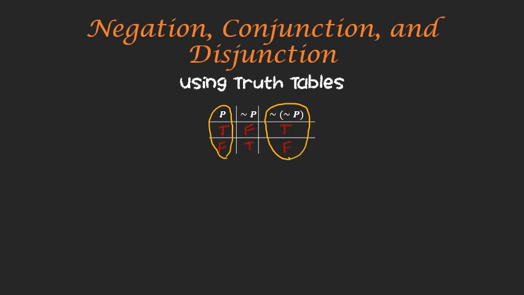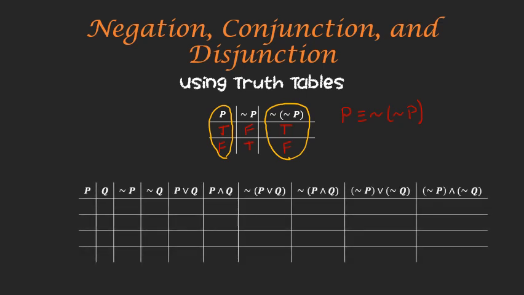So we'll say here, P is equivalent to not not P. Those two statements are equivalent. And this is just known as double negation. You can think of this like multiplying by a negative twice: multiply by a negative twice, you get back to the original number. So it sort of undoes itself.